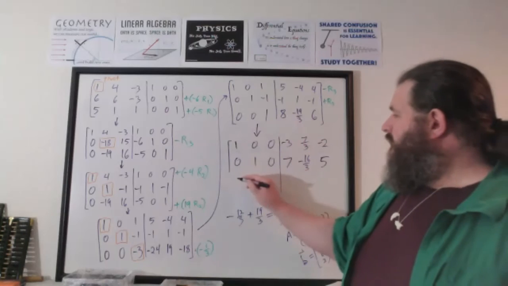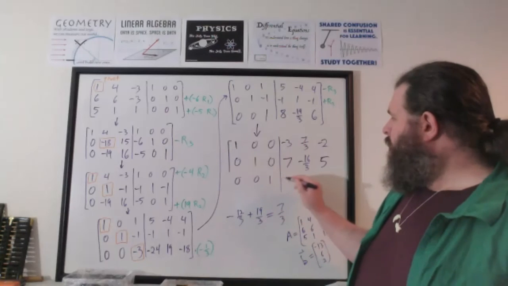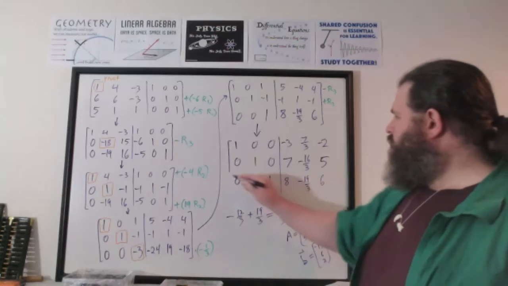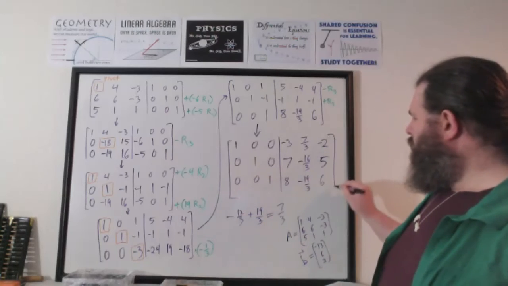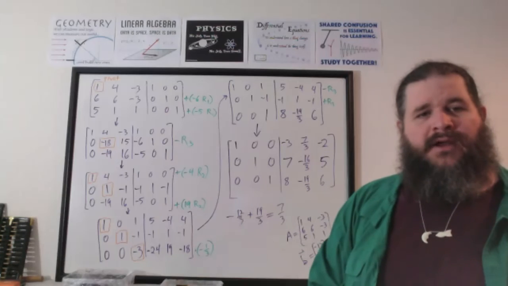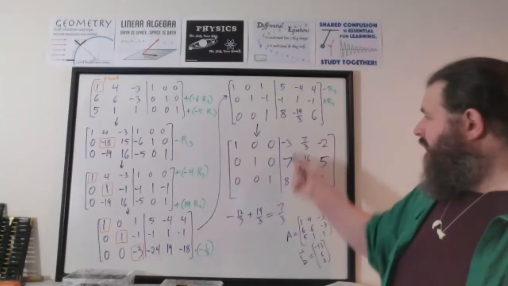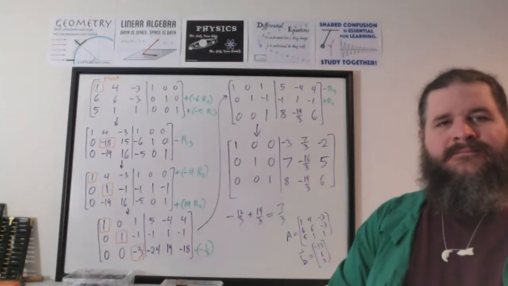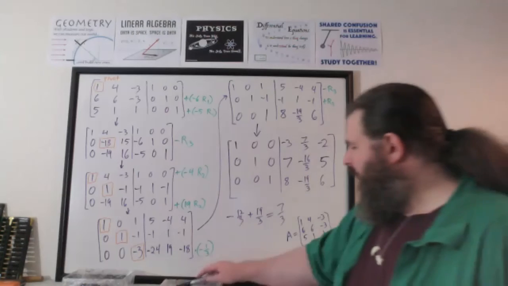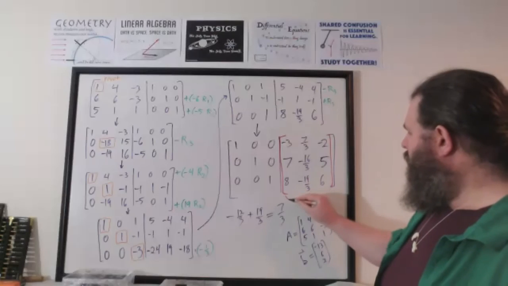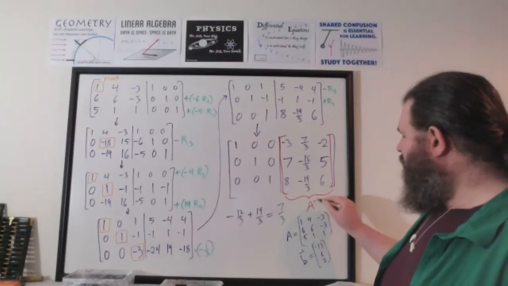And then third row, we just keep as it is. So the left side is now the identity matrix. We're done with the row reduction, which means the right side has to be what? Inverse. Yeah, that is an inverse. This matrix is the inverse of the original matrix A.